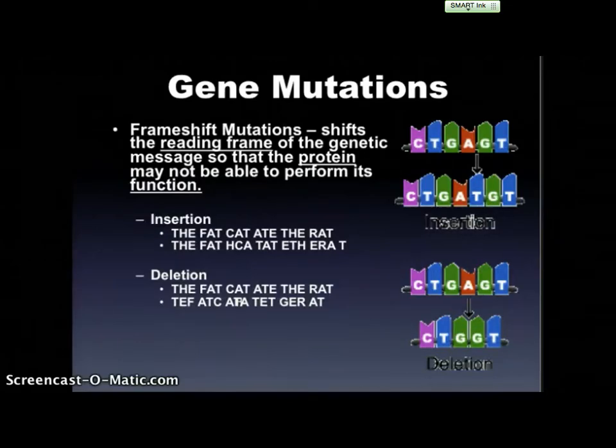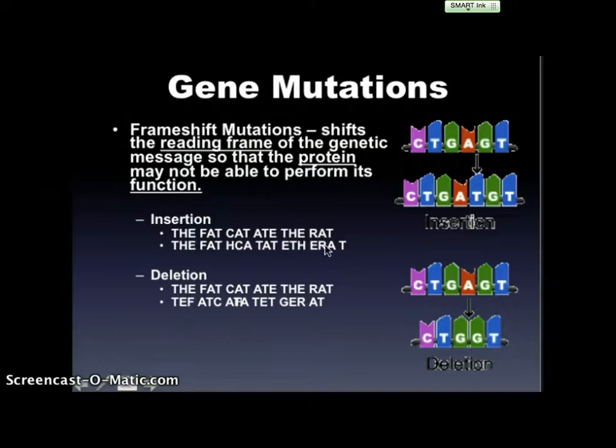Gene mutations can also occur in what we call frame shift mutations. This is going to shift the reading frame of the genetic message so the protein may not be able to perform its function. Do you remember how many mRNA molecules make up a codon? That's right, it's 3. So if we shift that over and we're reading a different set of 3, again, we're going to change the whole meaning.